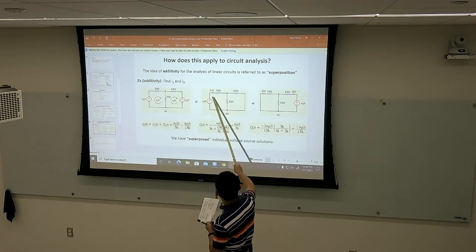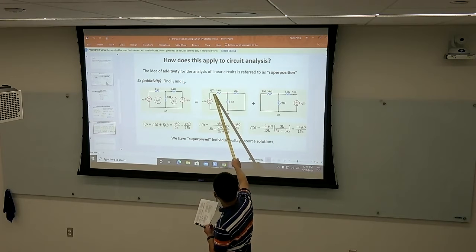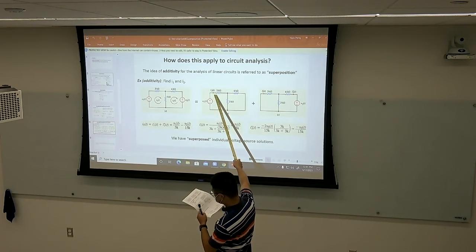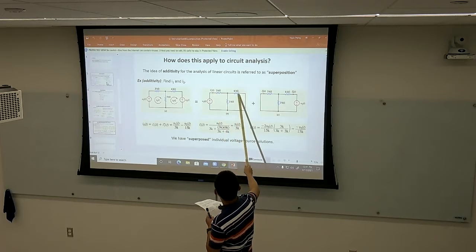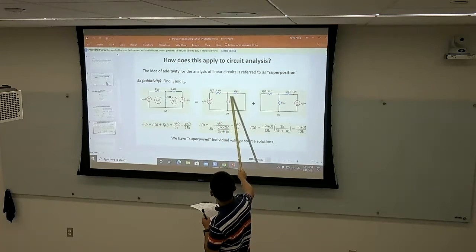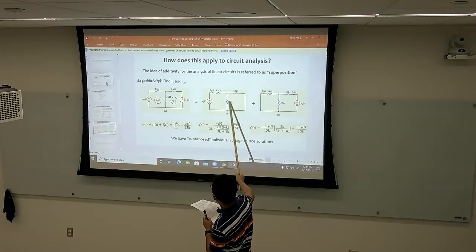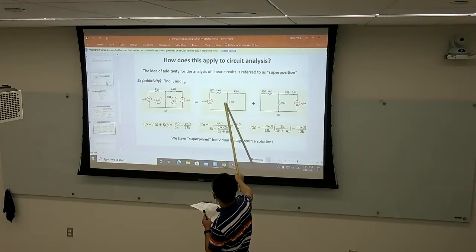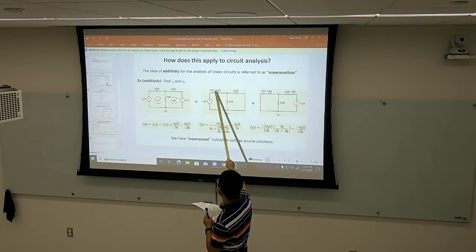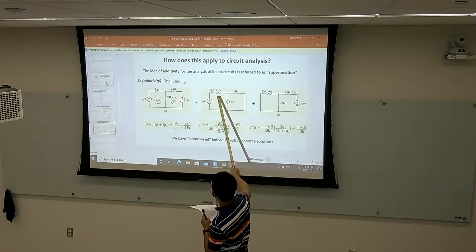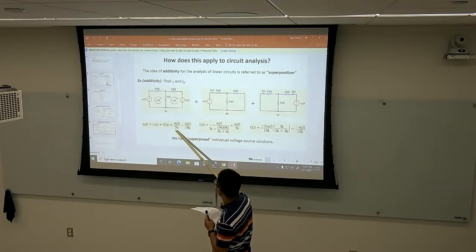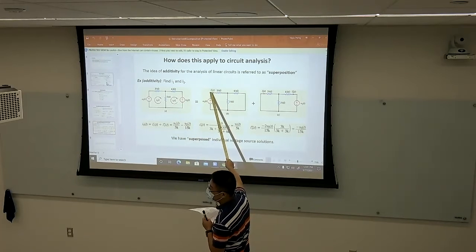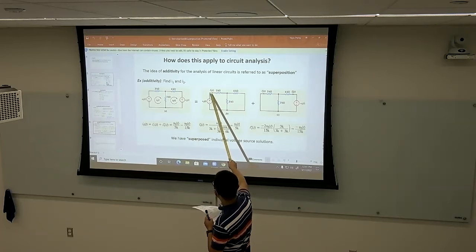So for I1, how to calculate I1? I think it's pretty straightforward. These two resistors are in parallel, so we obtain the equivalent resistance, in series with the 2K and in series with the 3K, so 5K. So this is the current.